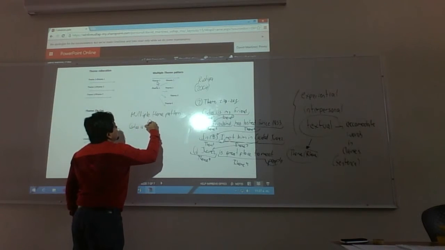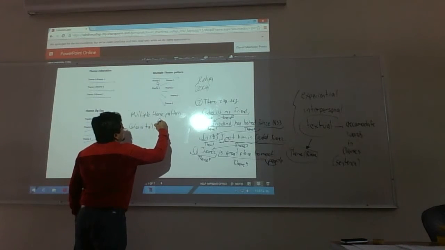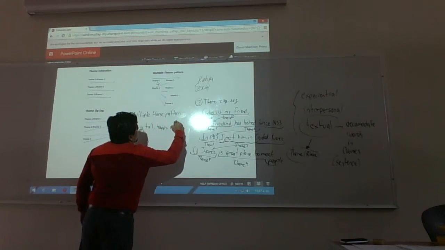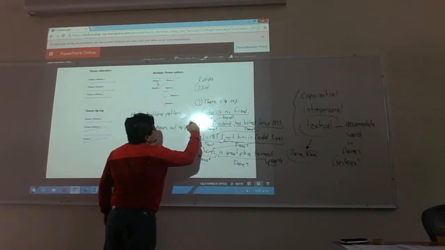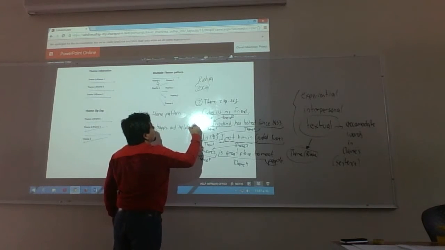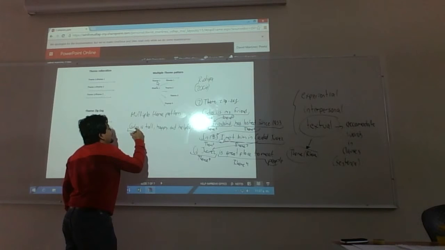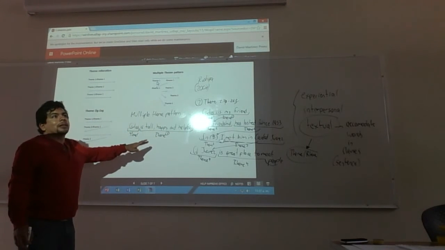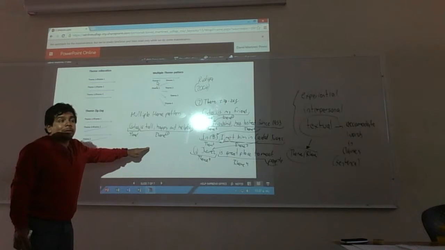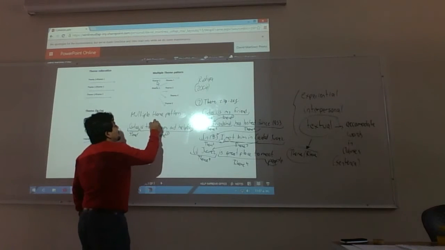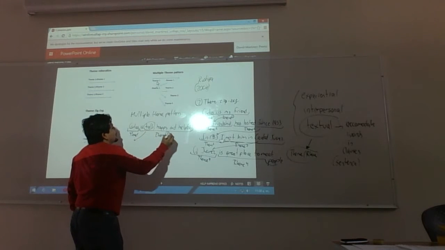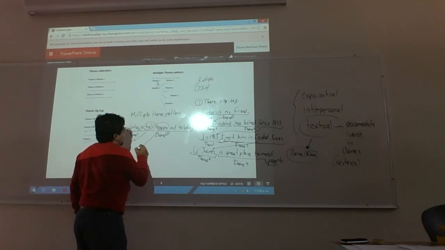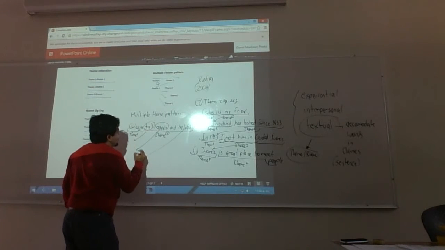Carlos is tall, happy, and helpful. Departing from theme 1 and rheme 1, we're going to elaborate the following points of departure of the following clauses. For example, tall is going to be our theme number 1, happy is going to be our theme number 2, and helpful is going to be our theme number 3.